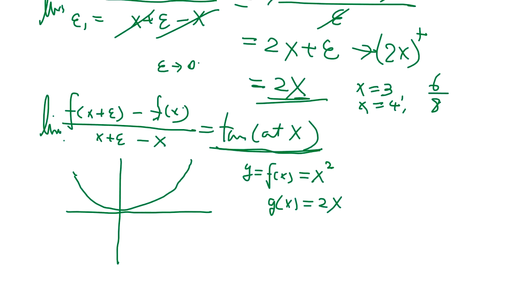That means if you take x equals 1, this tangent is 2. If you take 2, this tangent is 4. And this tangent function at x is called the derivative.